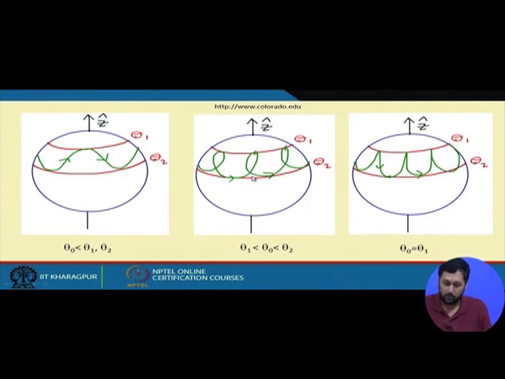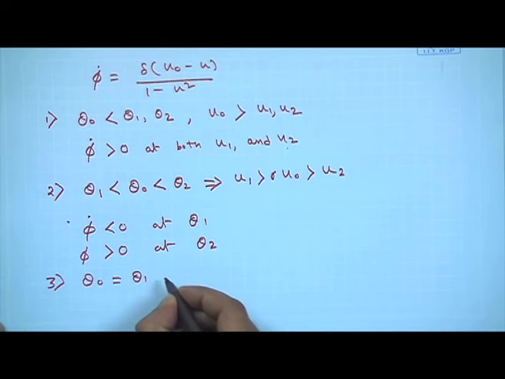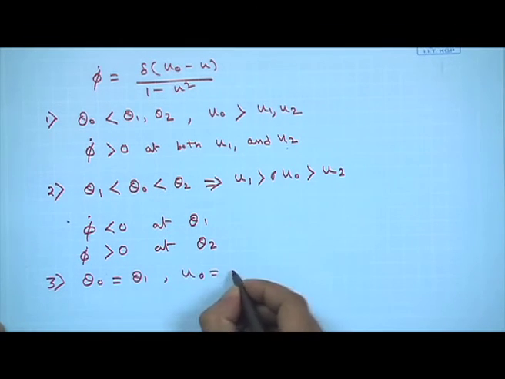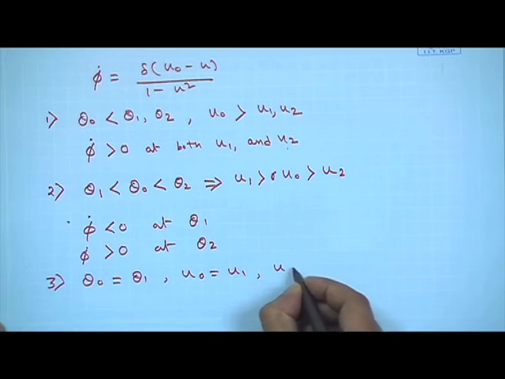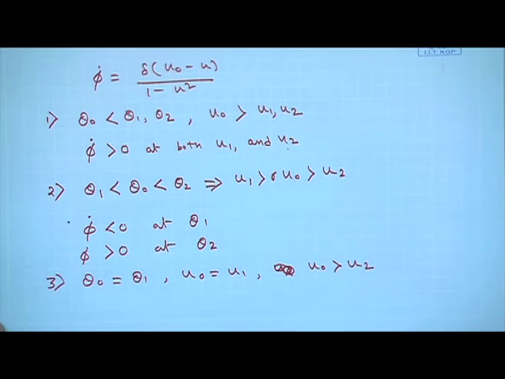Now, let us go to the third case, which is theta 0 equal to theta 1, that means u 0 equal to u 1, and of course, u 0 greater than u 2.